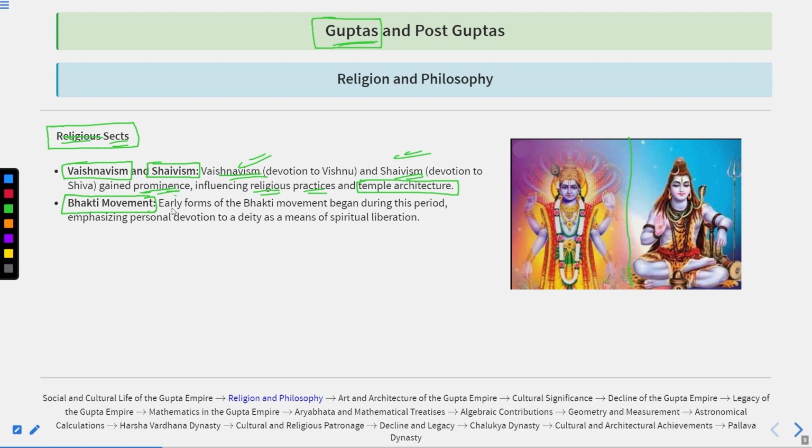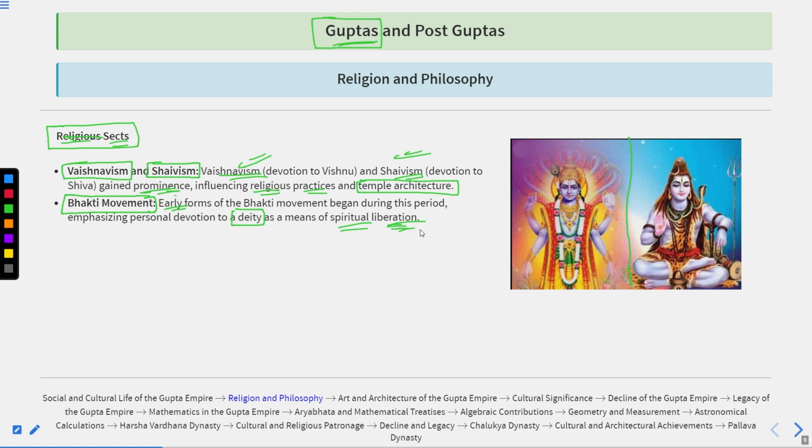The Bhakti movement, in its early forms, began during this period, emphasizing personal devotion to the deity or God as a means of spiritual liberation. It means that when the Bhakti movement first came into the picture, instead of targeting the entire society, they promoted that one individual should devote himself completely to God.